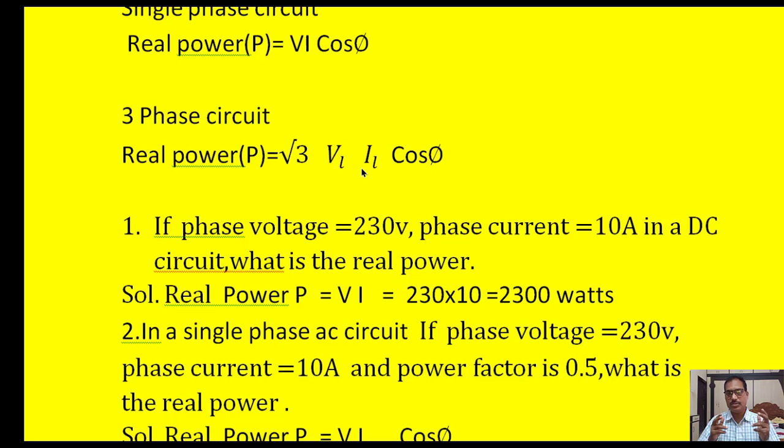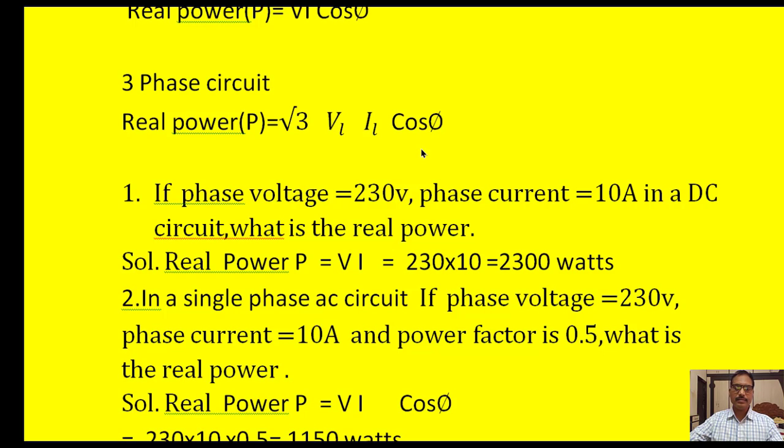And coming to the star connected system, the line to line voltage is different from the per phase voltage, and the line current and phase current are one and the same, and power factor is as it is. So irrespective of delta or star connected system, the formula is: root 3 into VL into IL into cos phi.